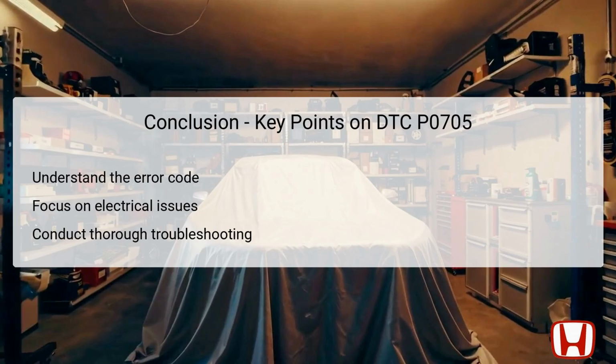In conclusion, DTC P0705 reflects a critical electrical problem associated with the transmission range switch of the Honda Fit. Understanding that this error is confined to electrical diagnostics is crucial for effective troubleshooting. Technicians must engage in a methodical approach, confirming signals through the HDS and identifying faults accurately through systematic steps.